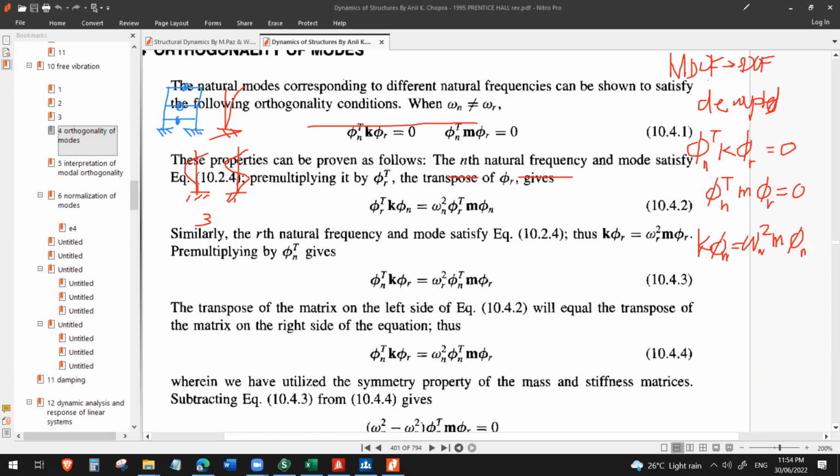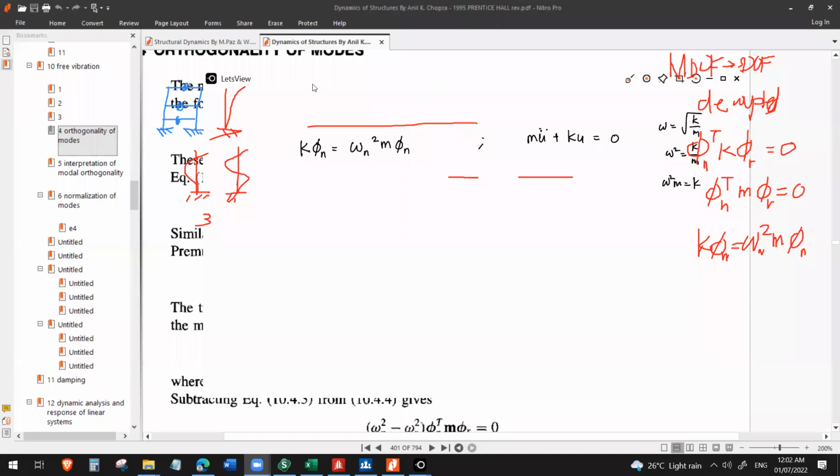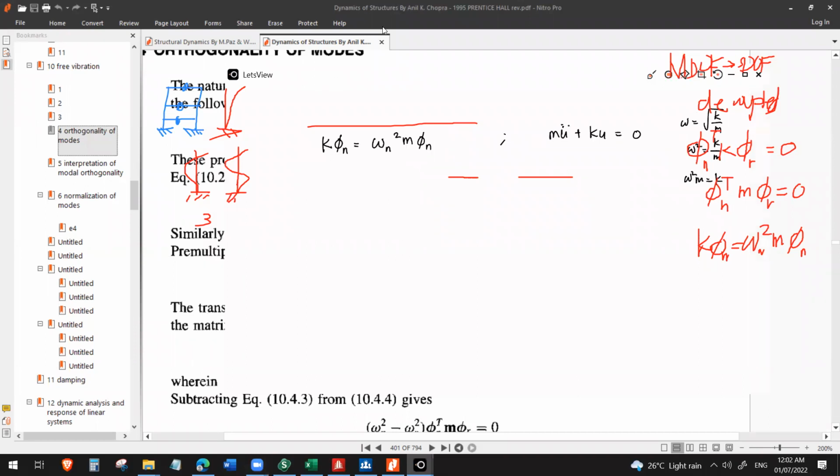So this is equation 10.2.4, which is K phi n is equal to omega n square M phi n, which came from this.